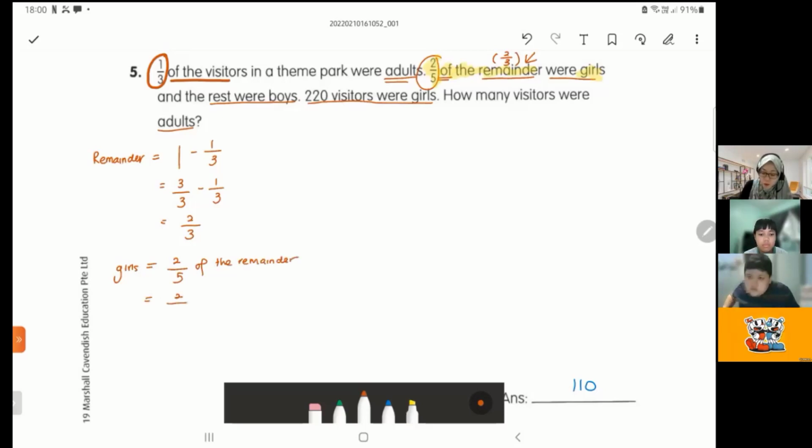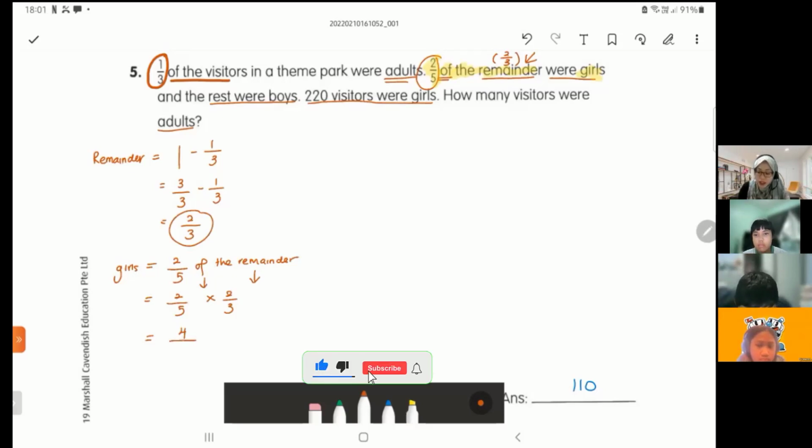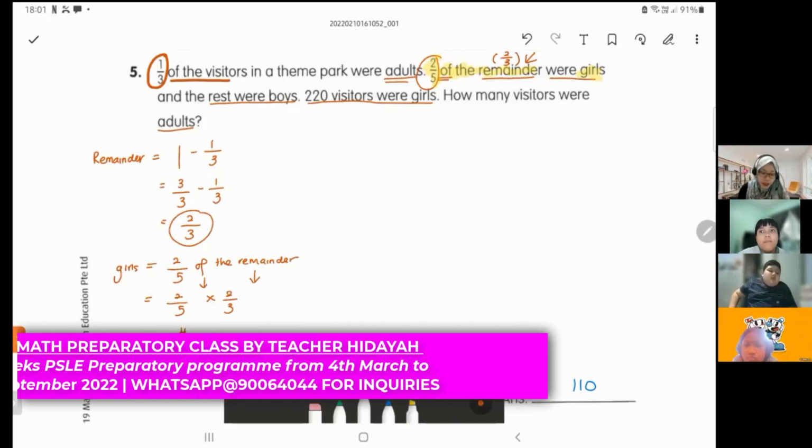So 2/5 of means times the remainder, the 2/3 we just got. Can I do any crosswise here? I cannot. So I do row and row. Numerator and then denominator. 2 times 2 is 4, over 5 times 3 is 15. So 4/15 are girls.